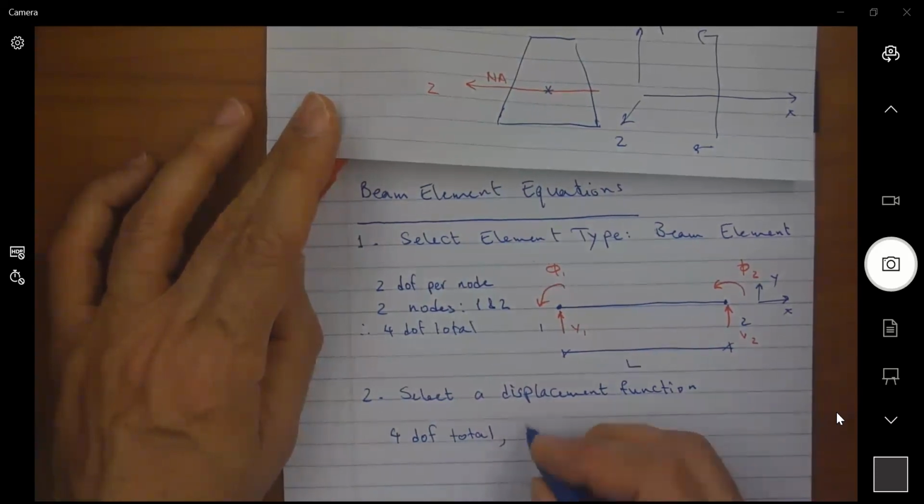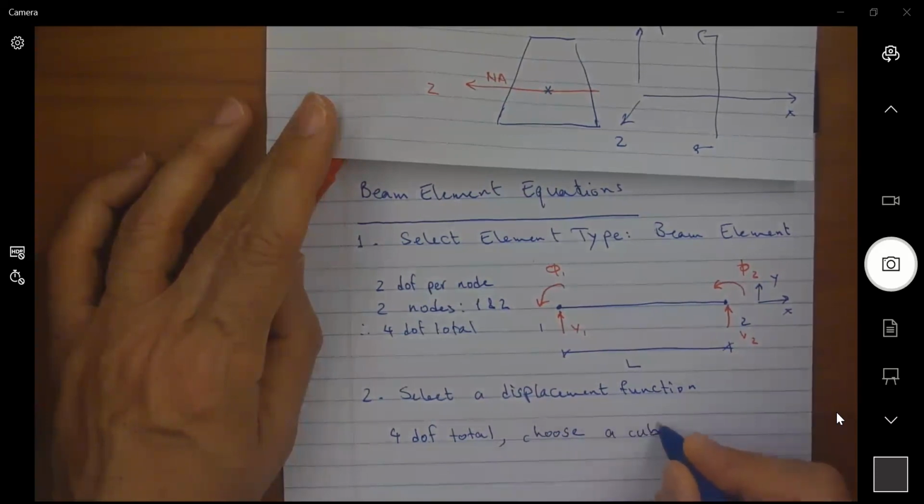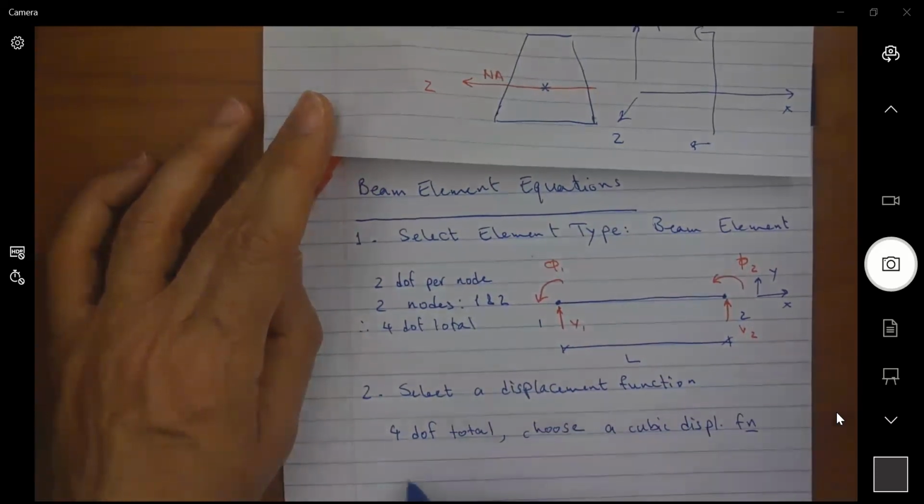So we're going to choose a cubic displacement function. So what is this going to look like?